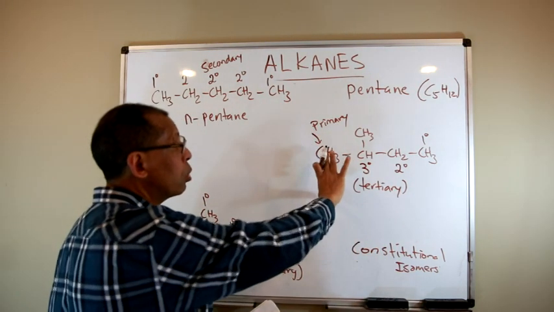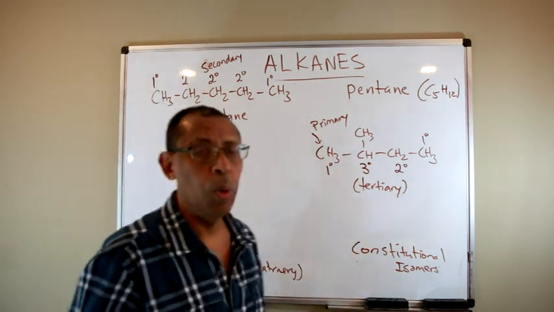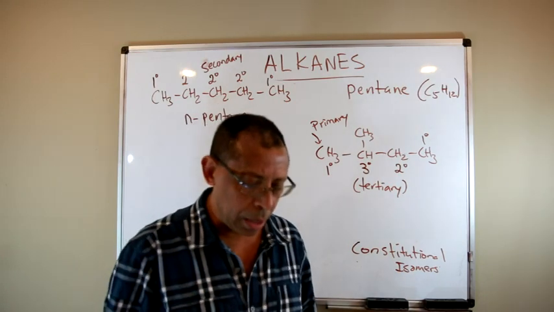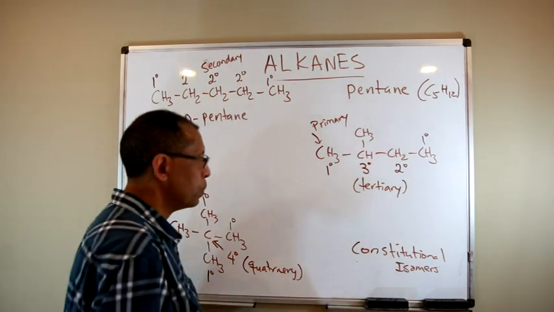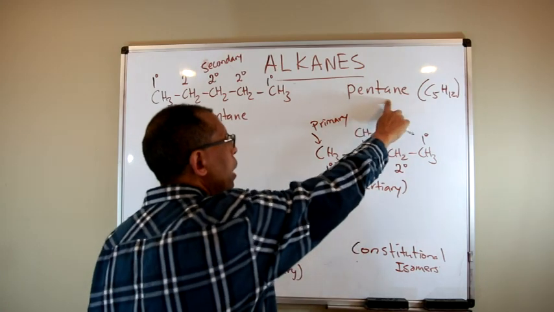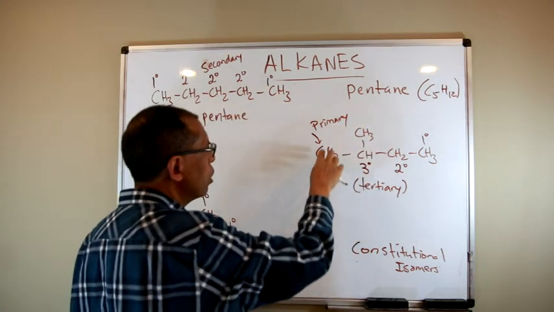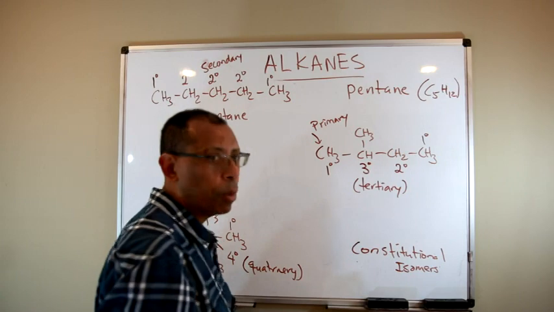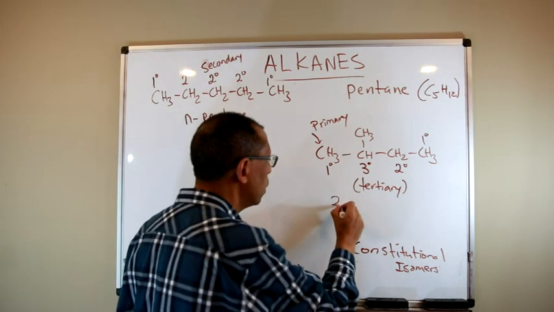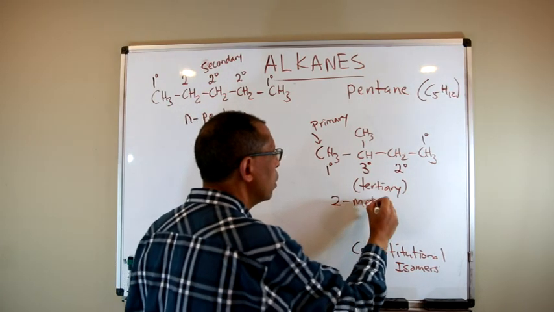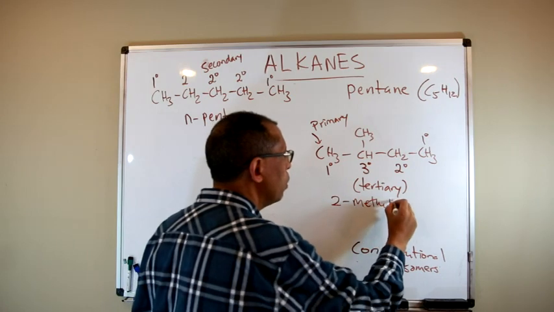Other than that, the branched ones have a naming, which I will explain in detail. This branched pentane is called 2-methylbutane.